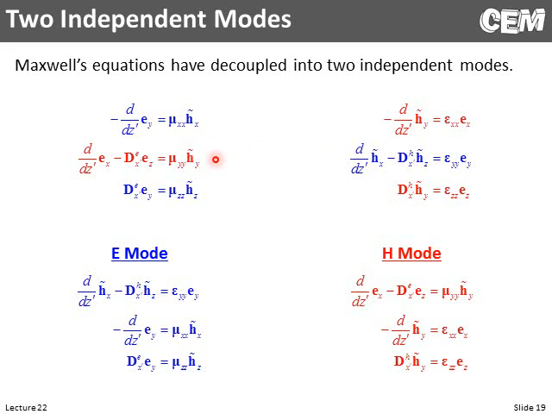The red equations will correspond to our H mode, so they contain EX, EZ, and HY, and none of those terms exist in the blue equations. Likewise, the blue equations, our E mode, contain HX, HZ, and EY, and none of those terms exist in the red equations. So now we divide them by color, and we see we have 2 independent modes, E mode and H mode.